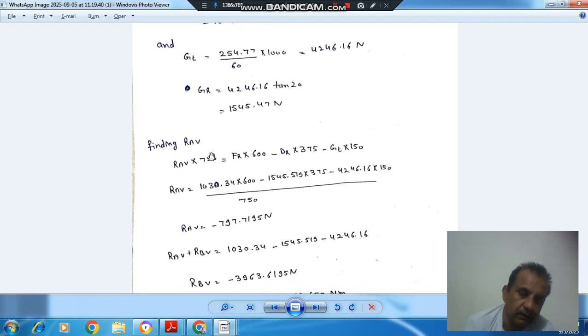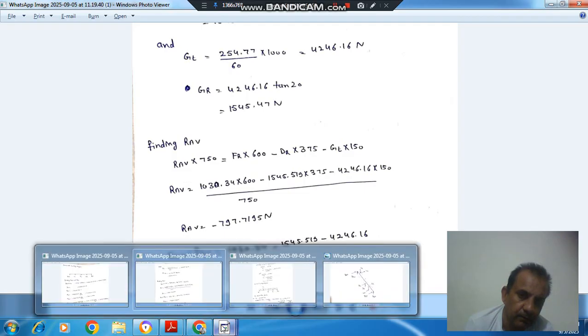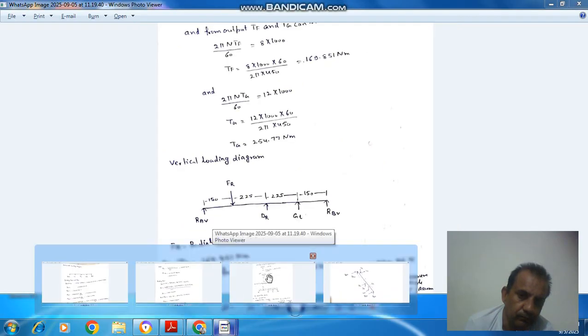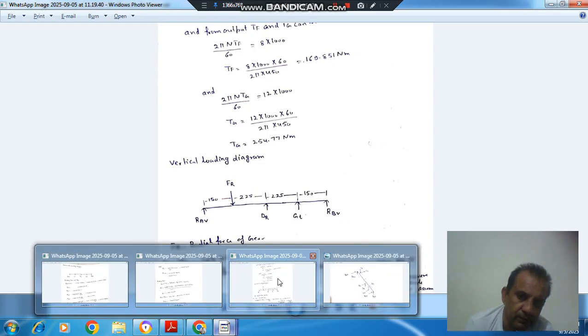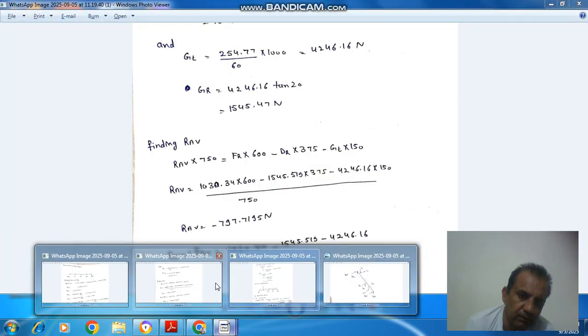that is 1545.47. Now we can take moment about B on the vertical diagram and find out RAV. RAV into 750, FR into this dimension, DR into this dimension, and GR into this dimension. This will be positive and all others will be negative, equating this, taking moment.